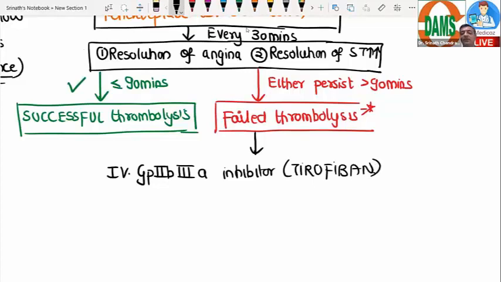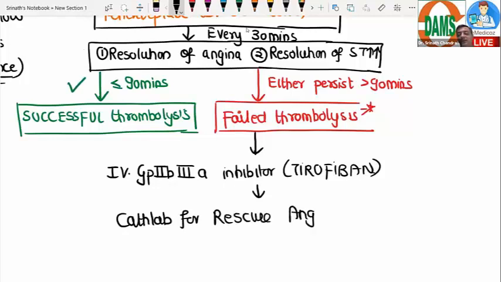I want to start the patient on tirofiban and transfer the patient to a center with cath lab for what we call rescue angioplasty.